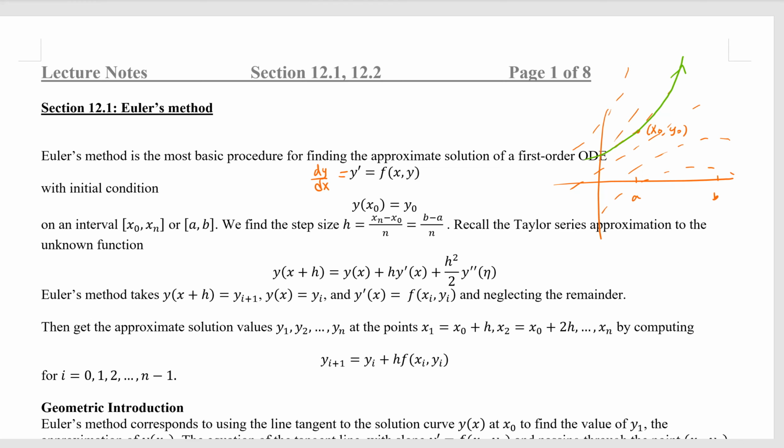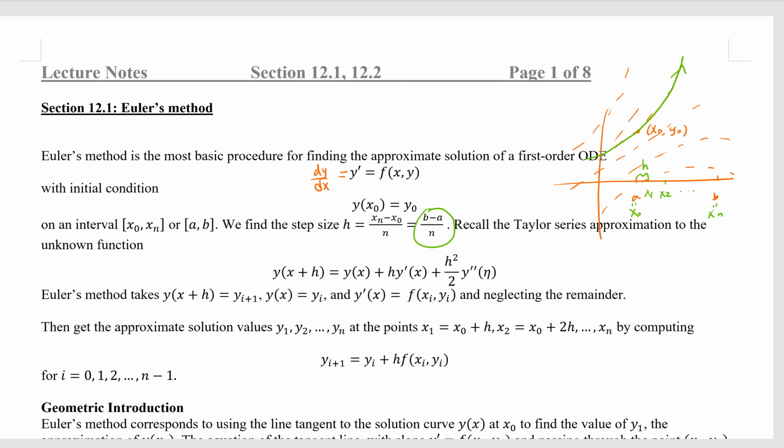What we do is we cut this interval from a to b into n subintervals. So a is like x0, and then we have x1, x2, and b is like xn. Then what's the step size? The step size h is b minus a over n. And we call that the Taylor series approximation to the unknown function.